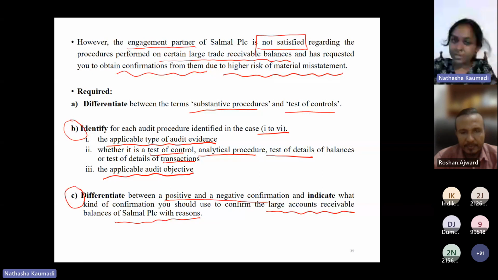The next step is you are performing the audit procedures. First of all, you are performing test of controls and then you are going for further audit procedures. So this is how basically you do audit.